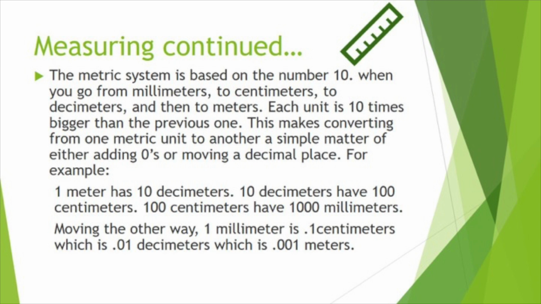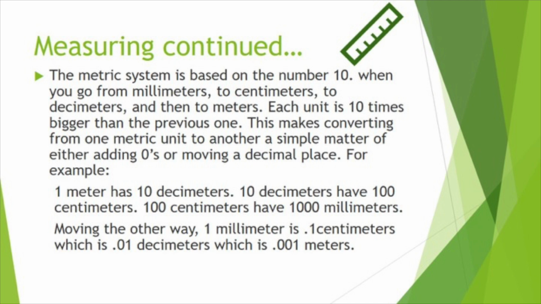When you base everything on the number 10, it makes converting really simple. For example, you can take the meter, which is a very specific length. It has something to do with geography and the distance between the North Pole and the equator, and they divided it by like 10 million.